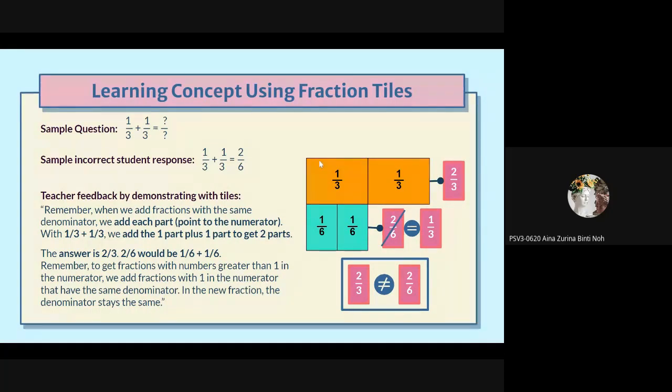But the teacher's feedback will be that we add the numerators, which is the upper part of the fraction, to get the parts. We are adding the fractions by adding the numerator, not the denominator.